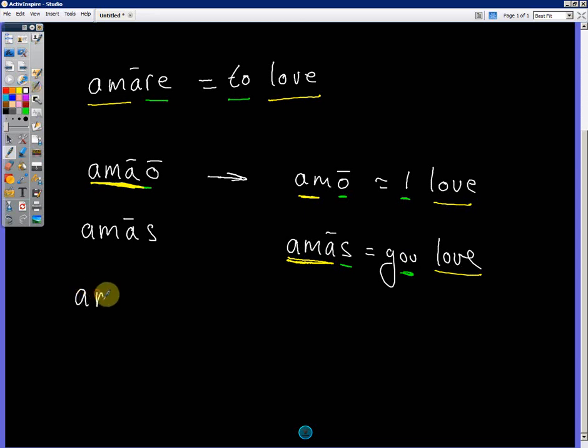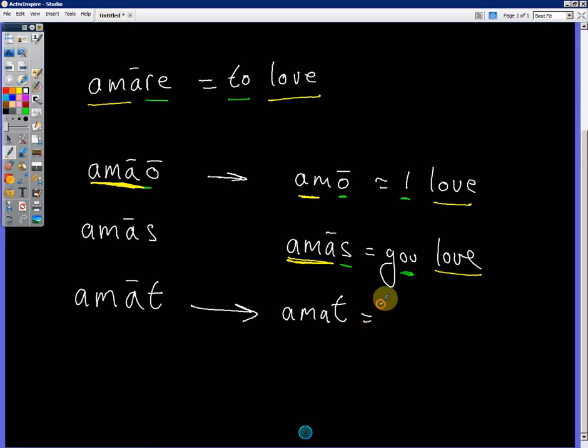And let's take it to the next stage. Okay, we can take the ama, there's the root, there's the stem. Well, we get that by taking this re off the infinitive. Take the re off the infinitive, that gives us the stem. The ama bit means love, and we now want to say he loves, and Latin puts a T on the end, but it slightly changes it, because that macron disappears. It's not amat, but amat.